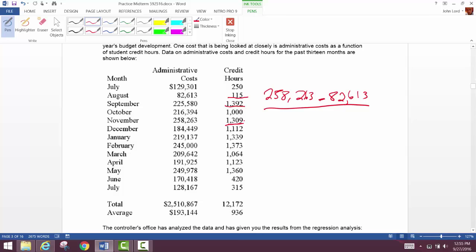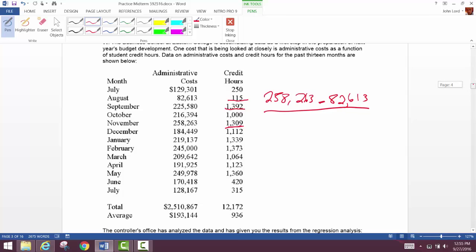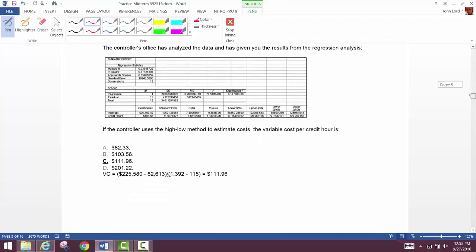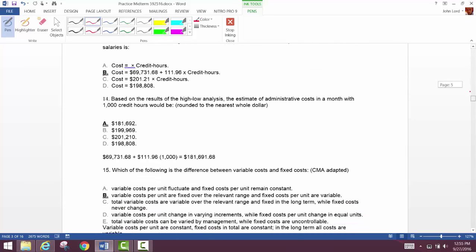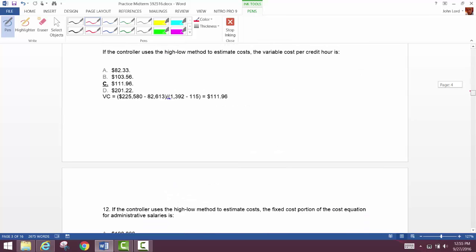Oh, no, I see the problem with this one. This one was kind of weird in that we had a difference in the activity because we had high activity. I didn't realize that about this question when I put it in there. If you run into that situation, you have to let the activity drive. Even though the costs were higher because the activity was higher, these costs are not perfectly linear, right?